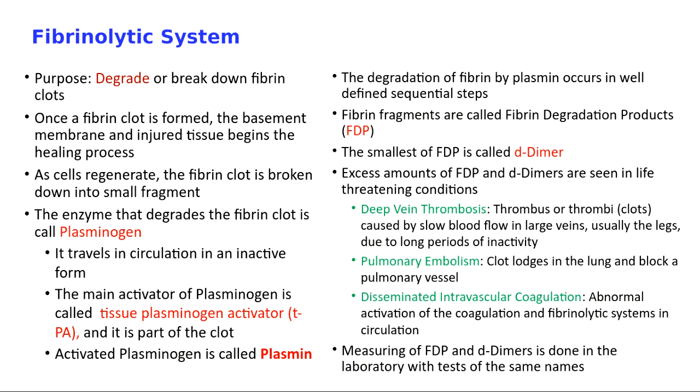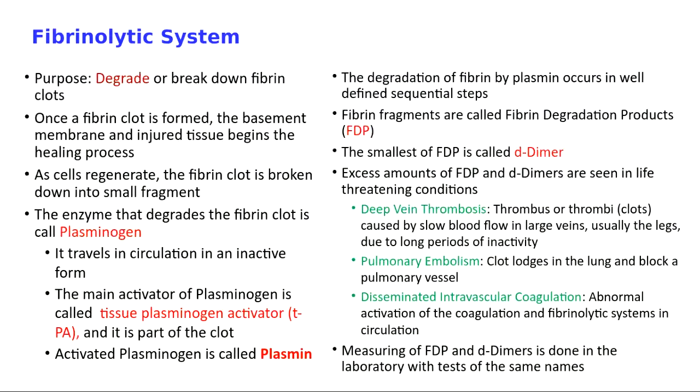And the fibrinolytic system involves the conversion of just one factor. And this is plasminogen, the name of the factor that is responsible for breaking the clot, but plasminogen is inactive.